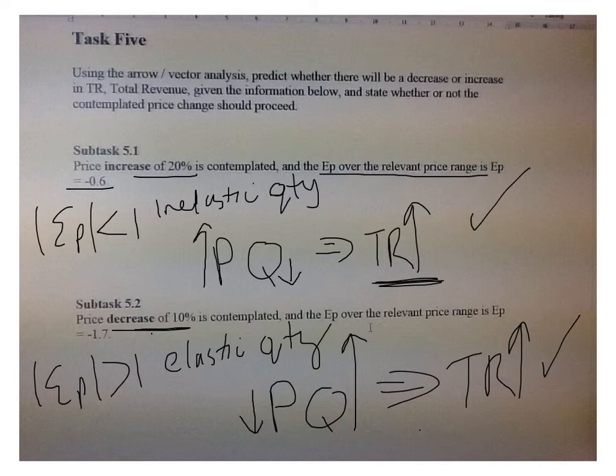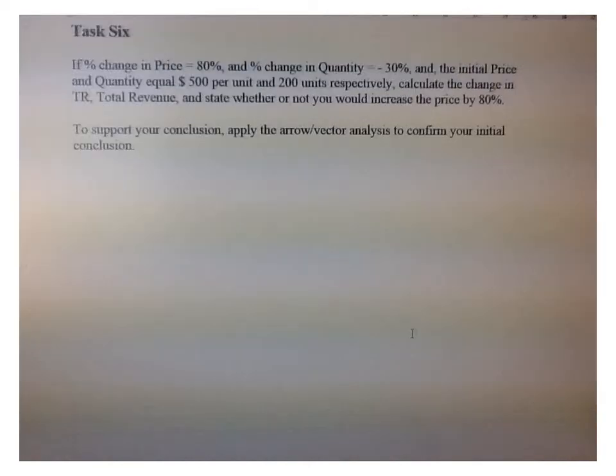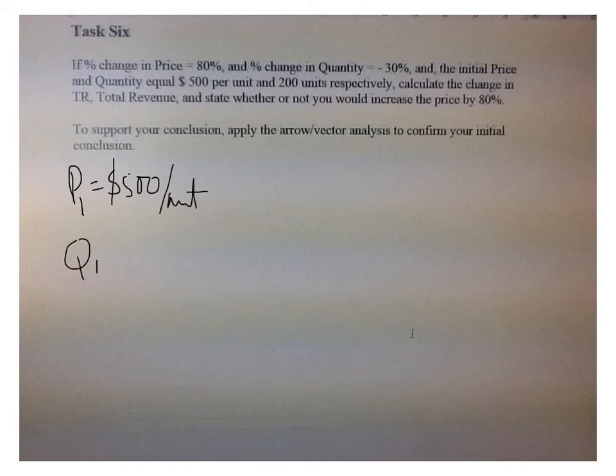Okay, next one. This is getting a bit more tricky. We've got some information to pull out. We know that P1 is $500 per unit, and that Q1 is equal to 200 units.